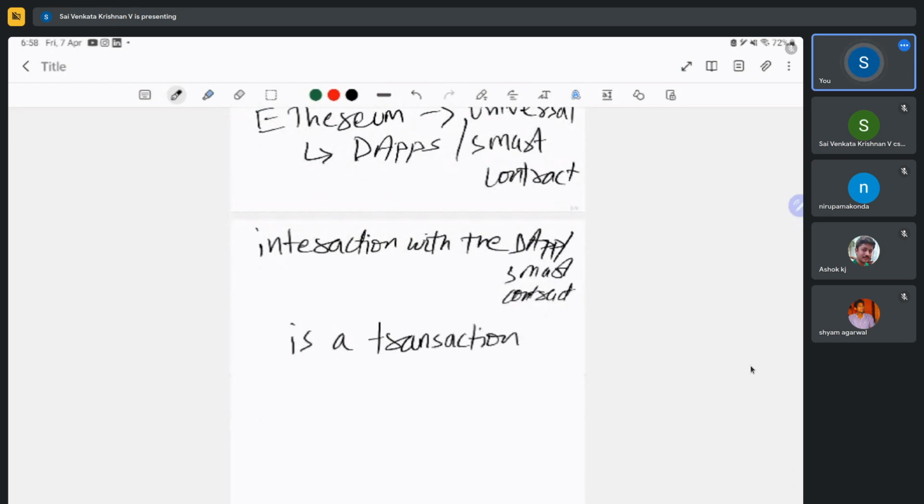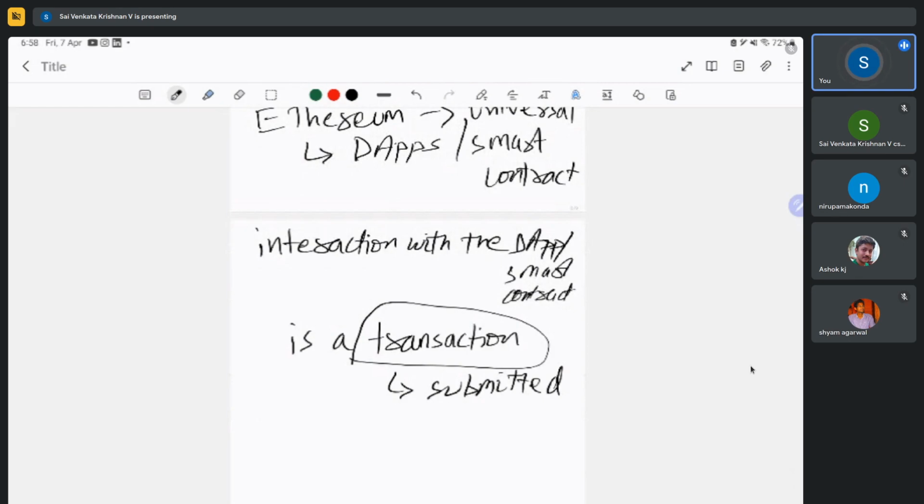By transaction, what we mean is it's eventually submitted in a block. It's part of a block, and that block would get added to your blockchain, right?